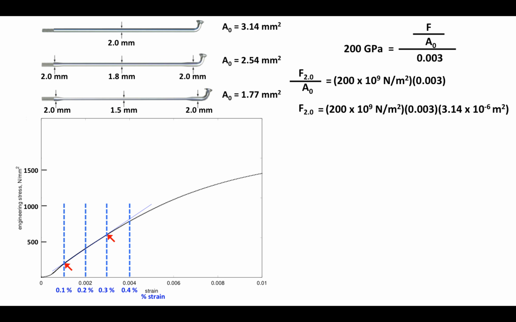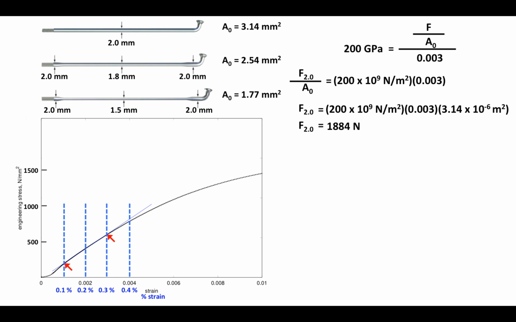Multiplying both sides by A0, I get the expression shown. Remember that A0 is 3.14 square millimeters, but I have to convert that to square meters, so it becomes 3.14 times 10 to the minus 6th square meters. And when I multiply that out, I get a force of 1,884 newtons.